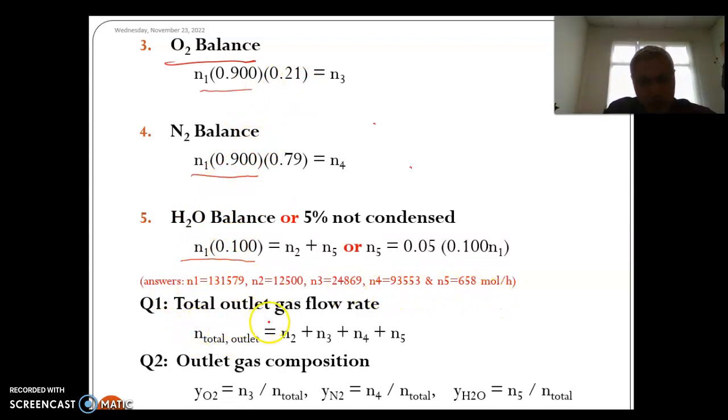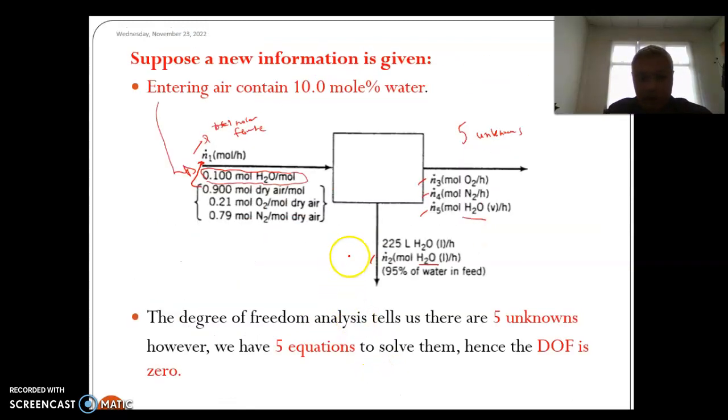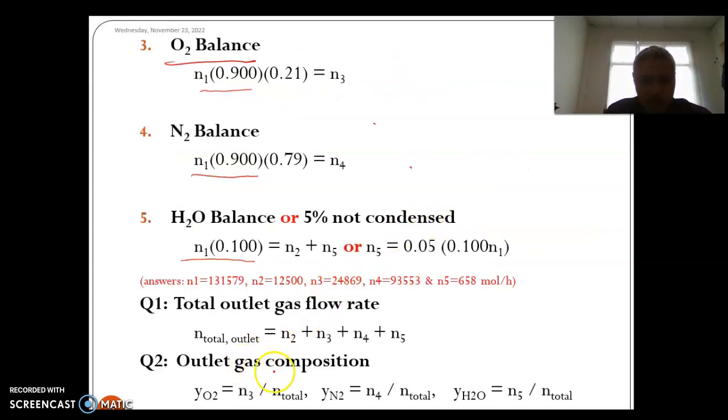So the total outlet gas flow rate is N2 plus N3 plus N4 plus N5, because we have this part N2, N3, N4, N5. And then for the outlet gas composition, what we need to do is find the N total, add all of these, and then we can find the composition for O2 by taking N3 over N total, and the same goes for N2 as well as for H2O. Why do we need to find this composition?